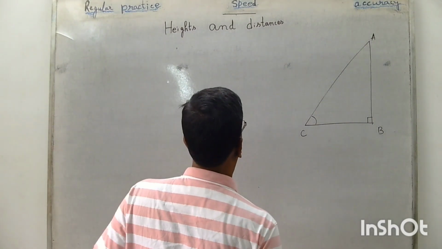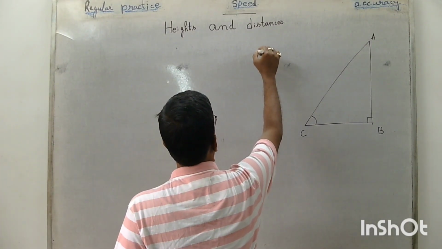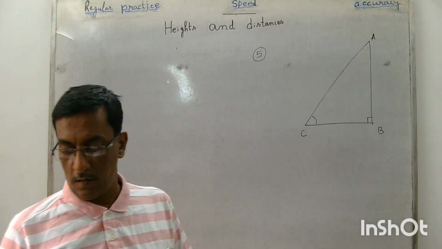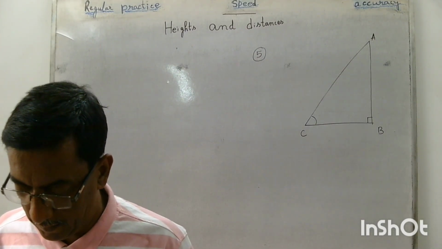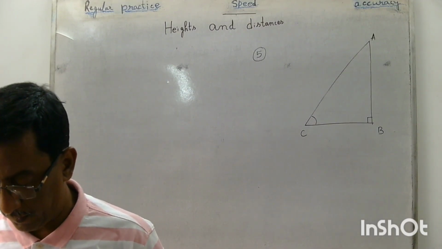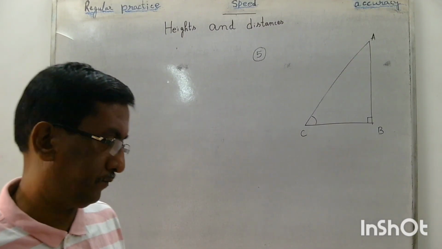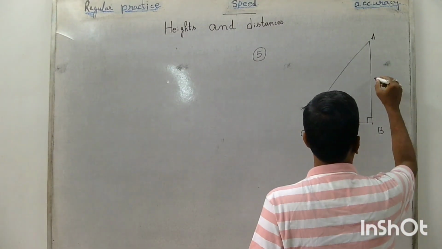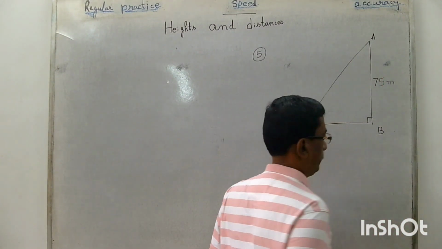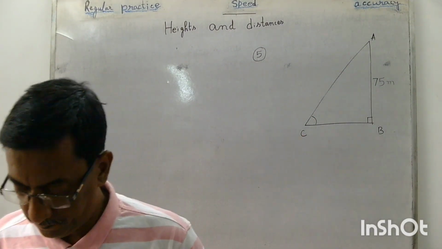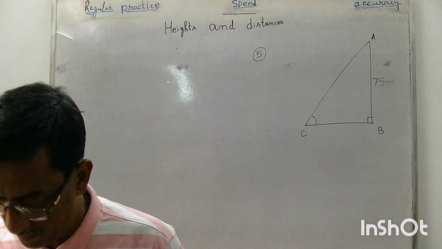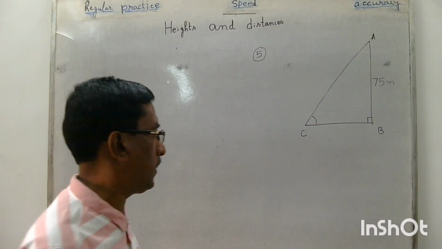Now problem number 5. A kite is flying at a height of 75 meter from the ground level. So this height is 75 meter. This is the kite, attached to a string inclined at 60 degrees to the horizon.